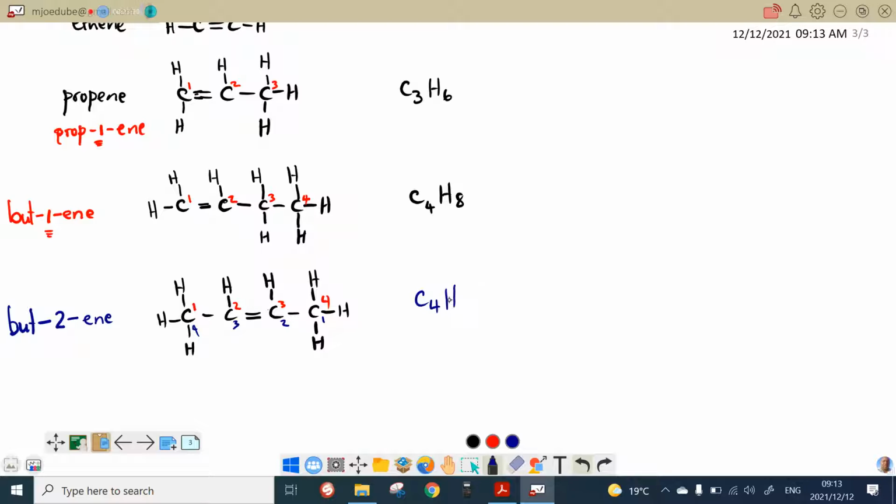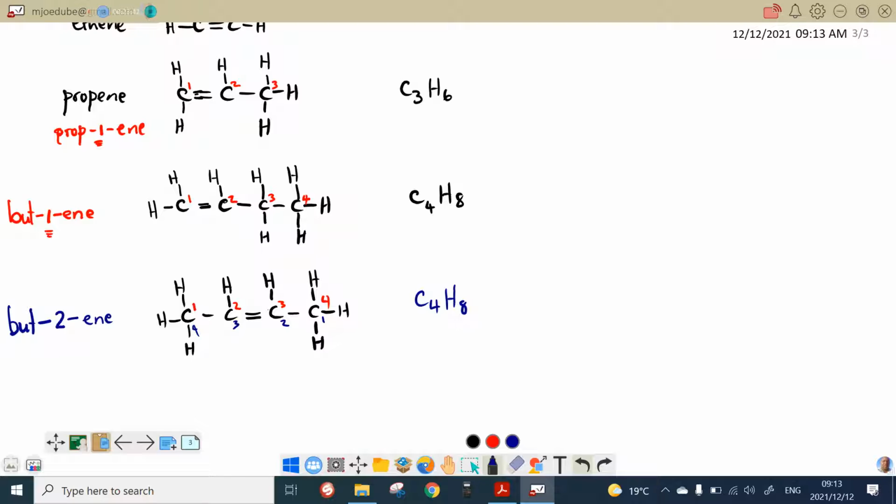This is also going to be C4H8, but they are different. They are different because of the positioning of the double bond. So because they have a different position, they're going to have different chemical properties, right?